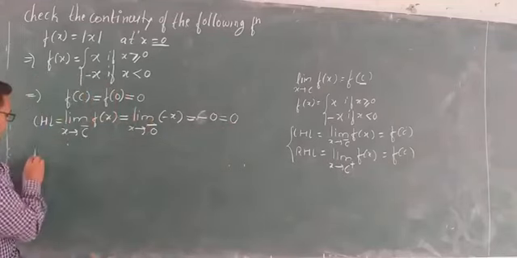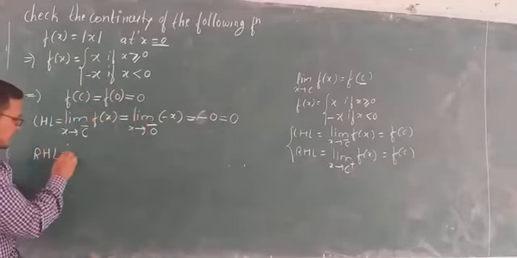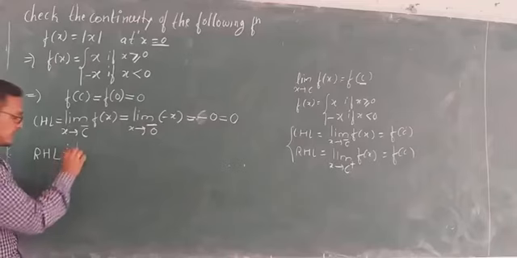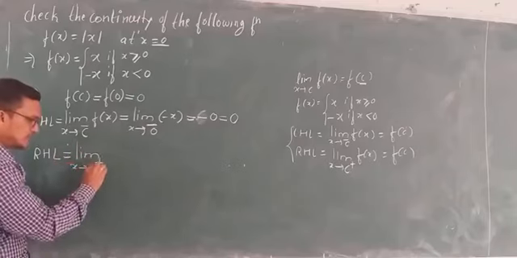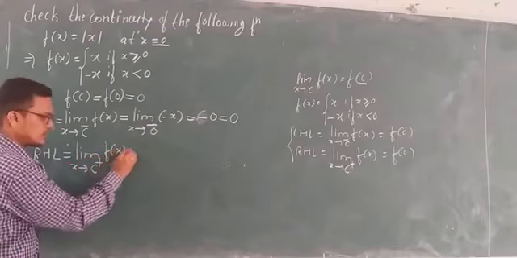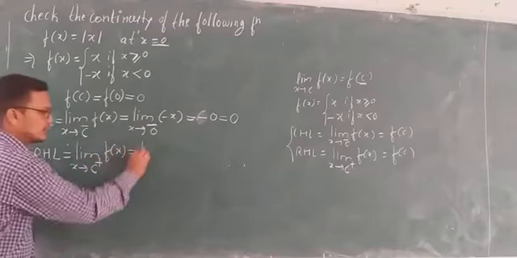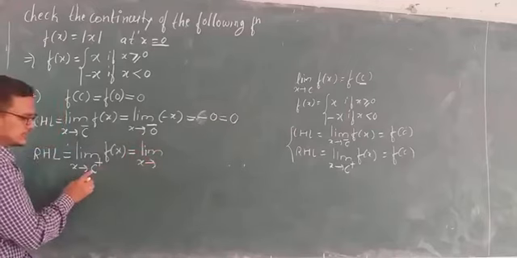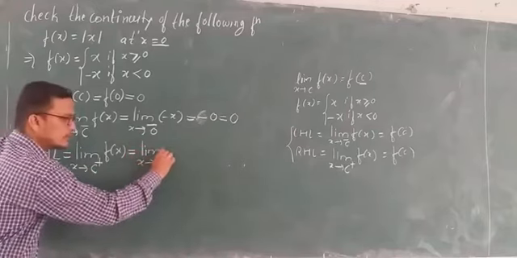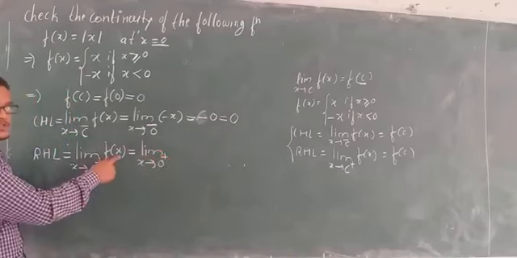Then I am having the second formula, that is RHL. Definition is limit x tends to c plus f of x, which equals limit x tends to 0 plus f of x.